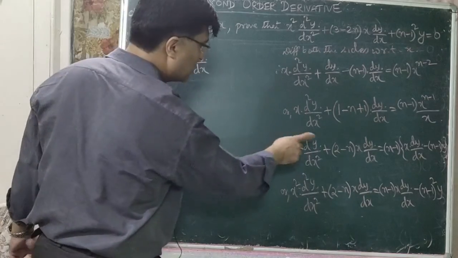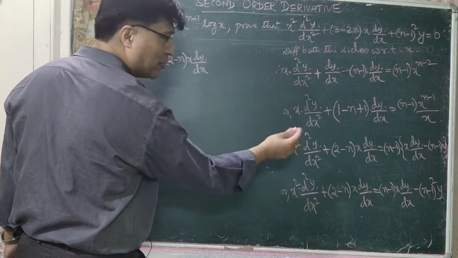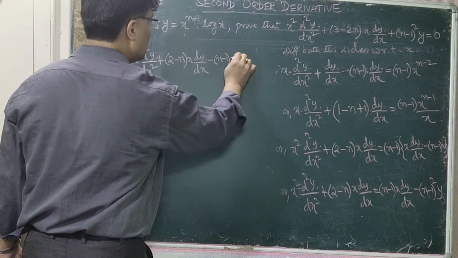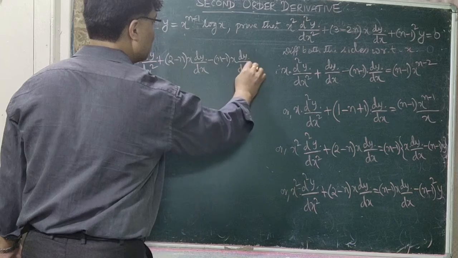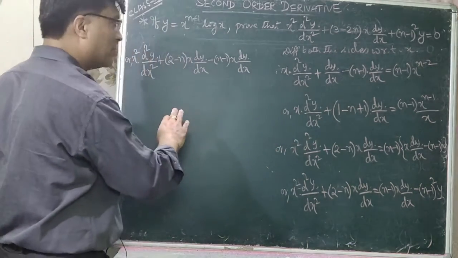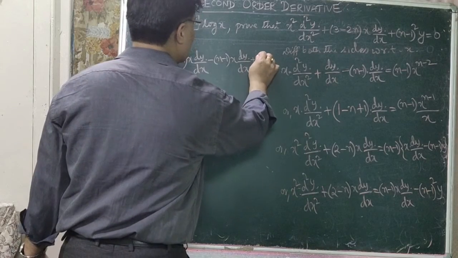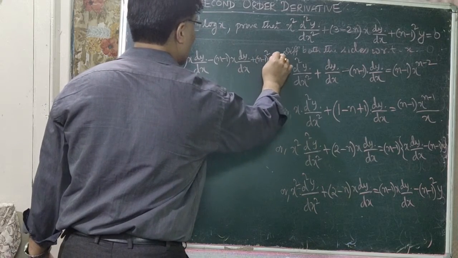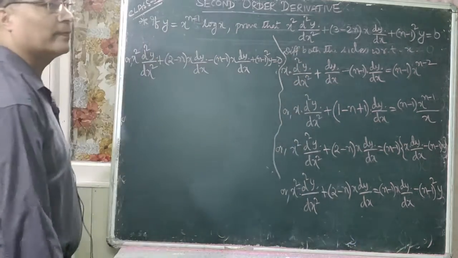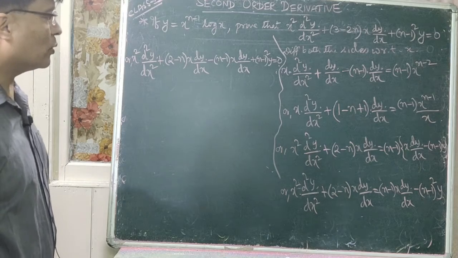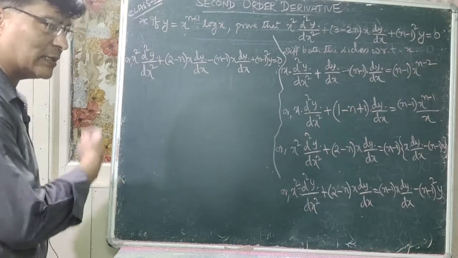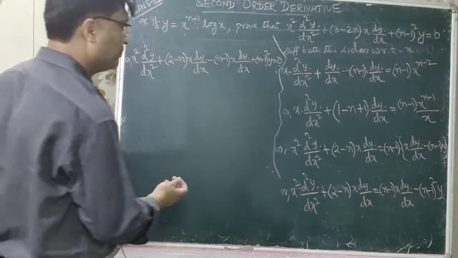Okay, so next, now above n minus 1 into x dy by dx, take it to the left hand side, so it becomes minus n minus 1 into x dy by dx, and then minus n minus 1 whole square into y, take it to the left hand side. What does it become? Plus n minus 1 whole square y is equal to 0. Is that clear now? So all the terms on the right hand side are taken to the left hand side, making right hand side 0.